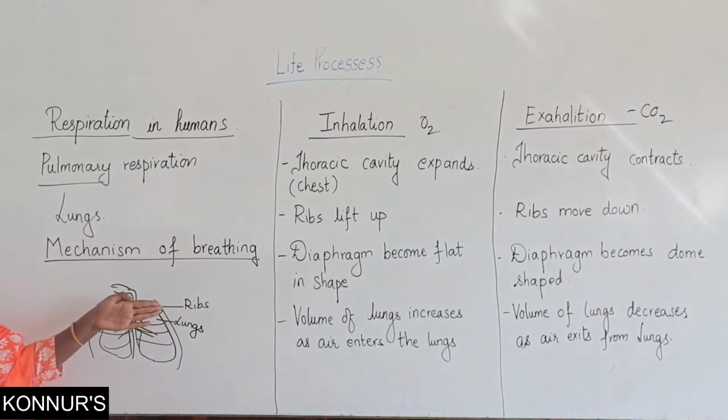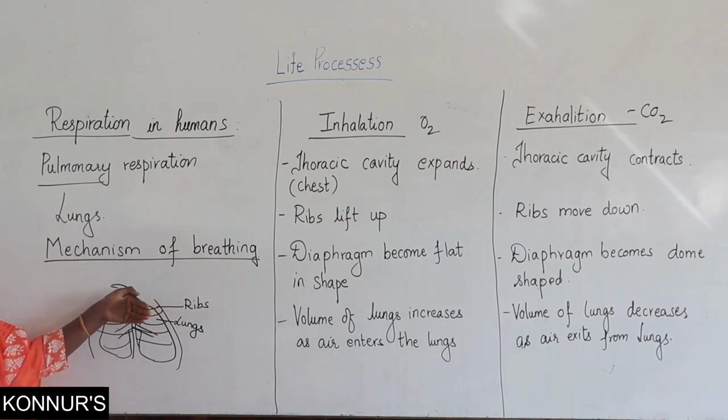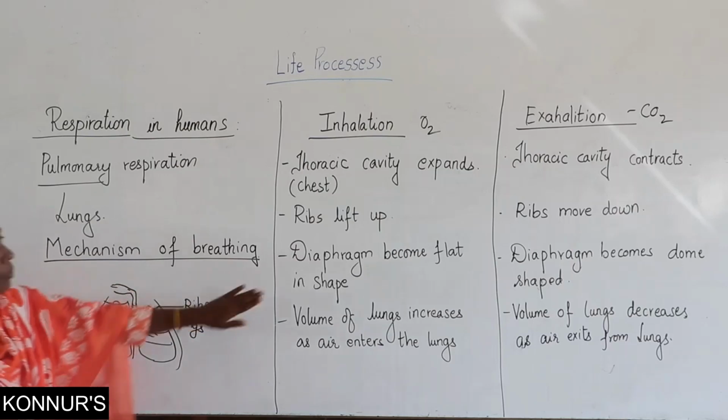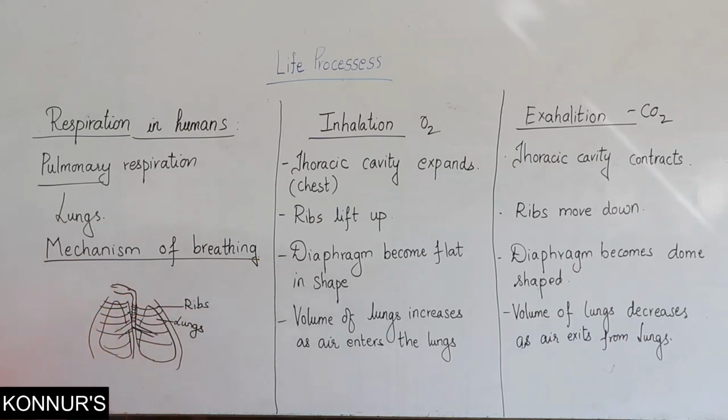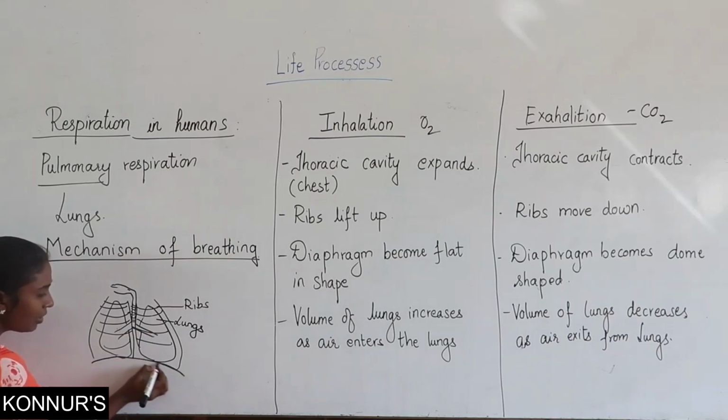And when we are exhaling, the air is removed from the lungs, so it moves down. So you can see this movement. You can even feel the movements when you place your palm on the chest region. You can feel the up movement and down movement, right? Now, diaphragm. What is this diaphragm? Below this thoracic cavity, there is a muscular structure.